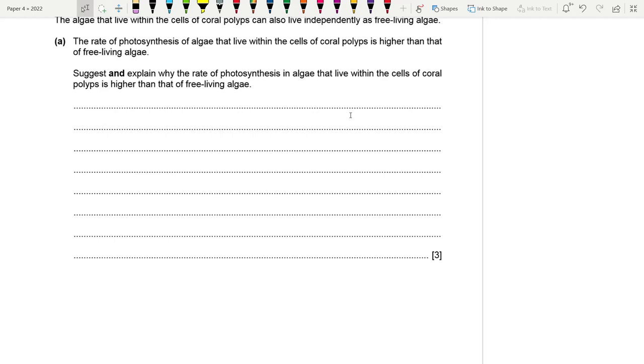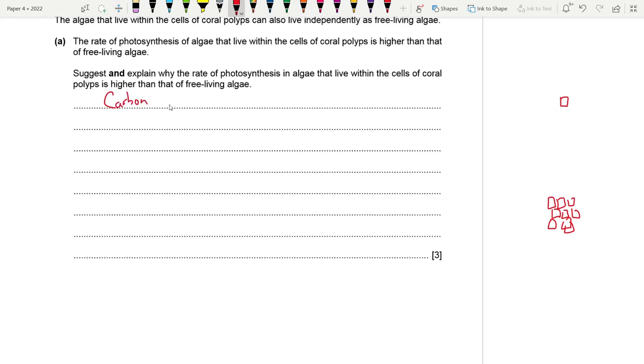Okay, so this is a suggest and explain question. So we could talk about multiple points really. There's room for error. So maybe since there are more, right? More algae together. Suppose there's only one here and there are more living together in polyps, right? So they're going to respire more, right?